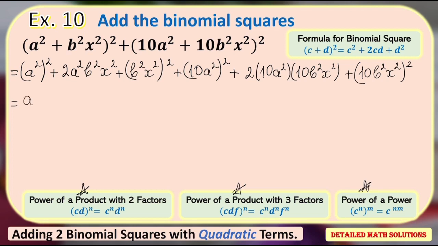So this way I get a to the 4th power. Then the second term I just need to rewrite. It is 2a²b²x². Then plus (b²x²)².